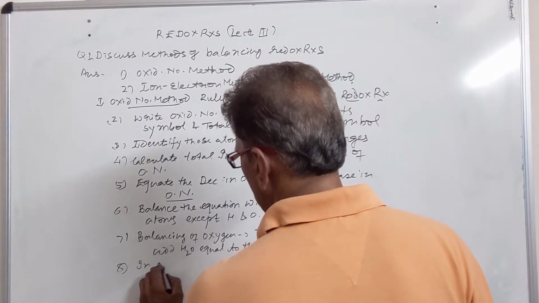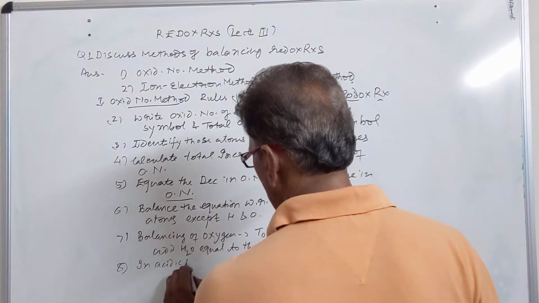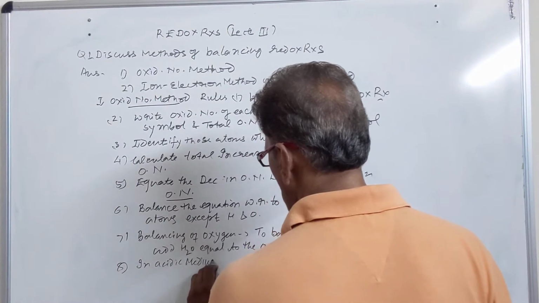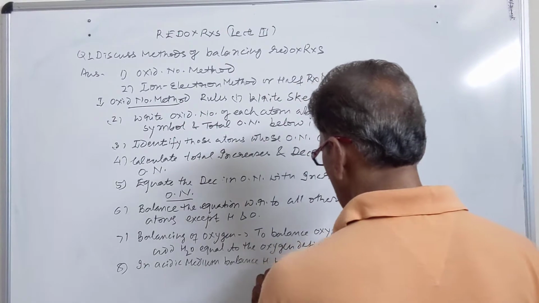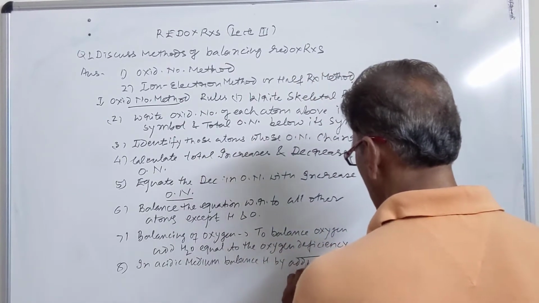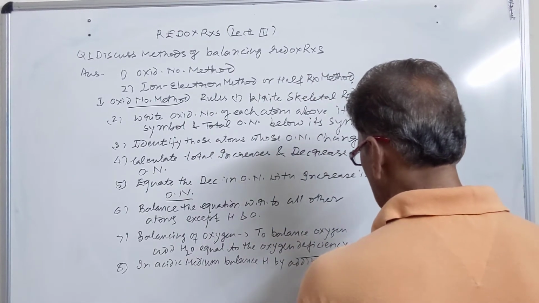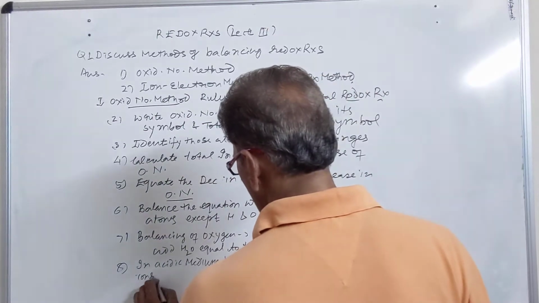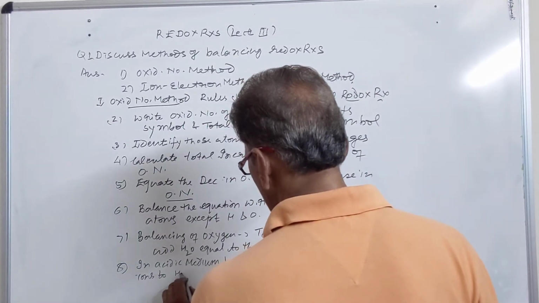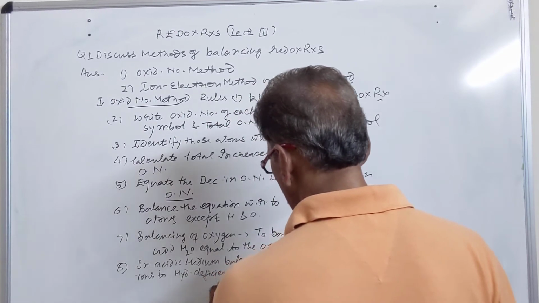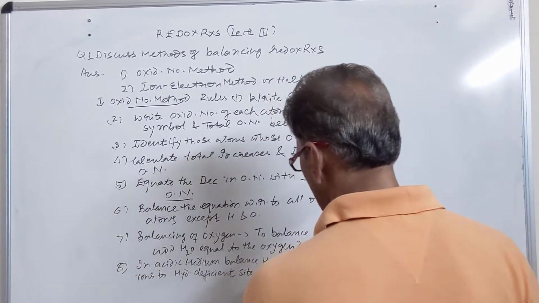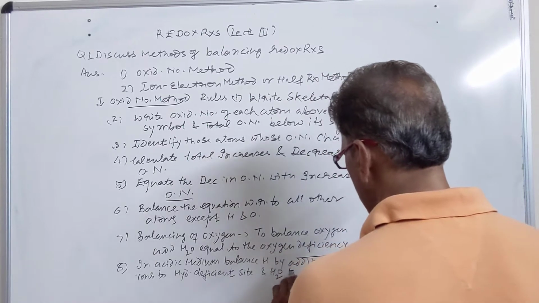In acidic medium, balance hydrogen by adding H positive ions to the hydrogen deficient side and water to the other side.